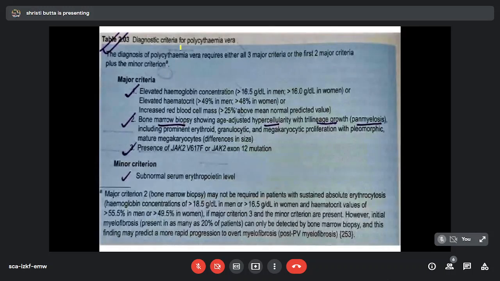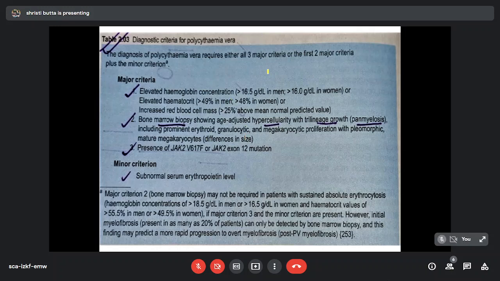Now coming to the diagnostic criteria of polycythemia vera. The major criteria here is either an elevated hemoglobin, that is more than 16.5 in males and more than 16 in females, or an elevated hematocrit, which is more than 49% in men or more than 48% in women, or an increased red cell mass, which is approximately more than 25% above the mean predicted value.